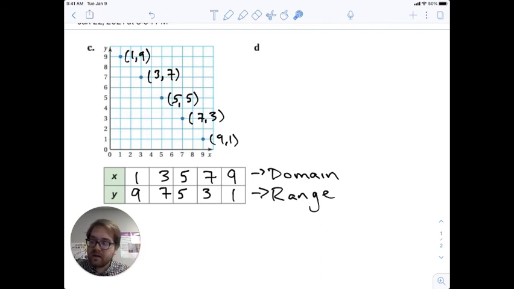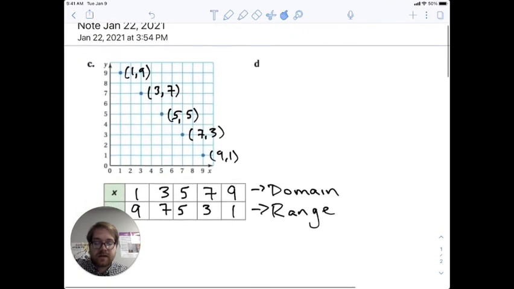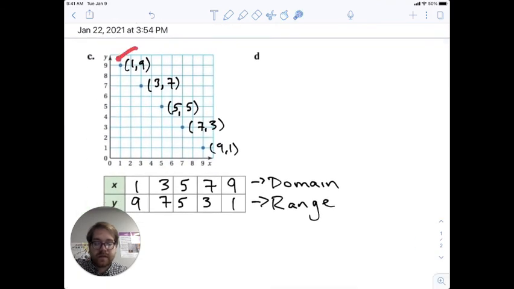If I put one of these numbers in, I get out one of these others. And so that's how you're going to determine the domain and range of a function from a graph. Looking at the points, identify what the coordinates are, and then you'll write all of your x values as your domain, and then you'll match up all of your y values for your range.